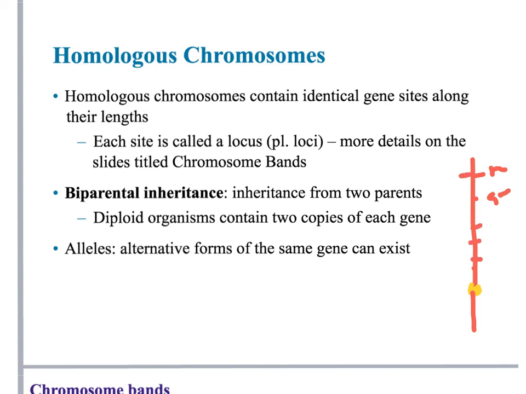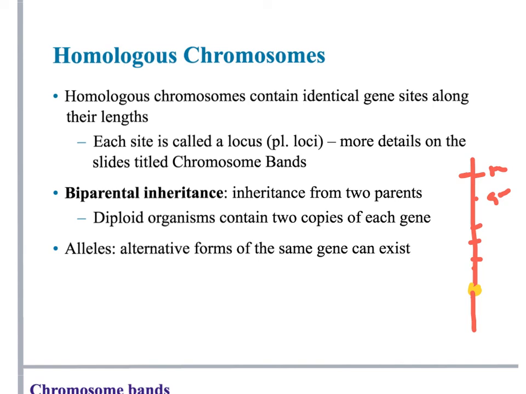Well, each of those spots is considered a locus. Each site is called a locus, and that locus has genes on it that are responsible, obviously, for some kind of functionality. And we'll see more details on these in the chromosome bands in a little bit.